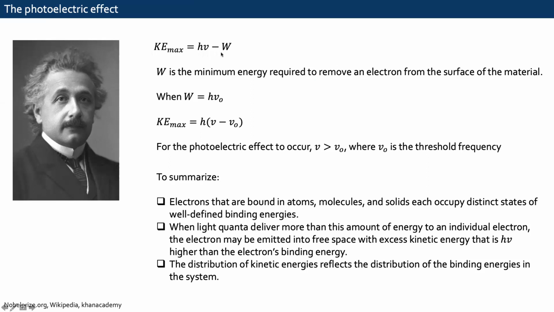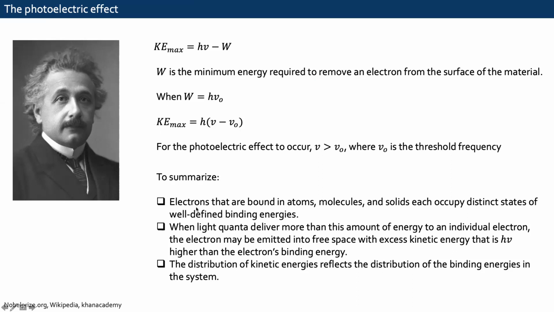So when you have this minimum energy equaling Planck's constant times the critical light frequency, you plug that in. For this effect to occur, the frequency of light has to be greater than the critical frequency. That's called the threshold frequency, and then you'll get the occurrence of the photoelectric effect.